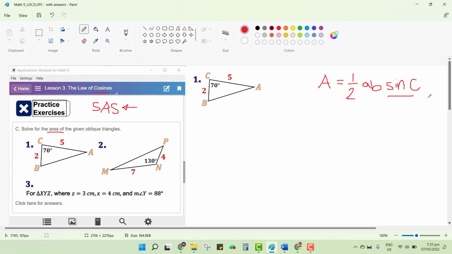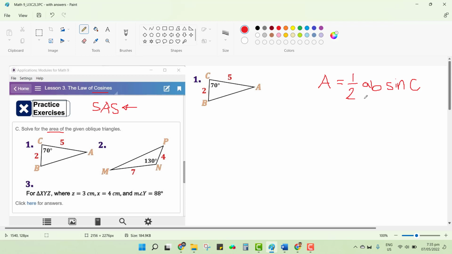The point here is that even if the formula has the sine trigonometric function or ratio, it's still under law of cosines since these triangles were actually solved earlier under law of cosines. So do not be confused with that. Even if it's under law of cosines, in this particular lesson, the formula still uses sine. Again, a derivation may be shared with you if you would like.